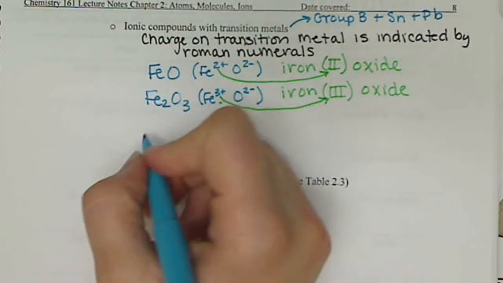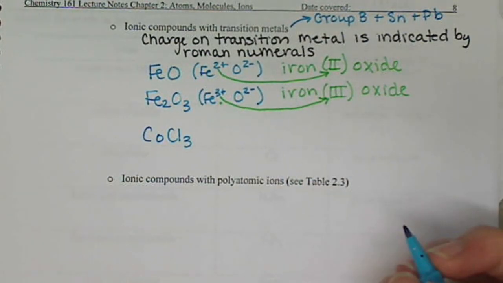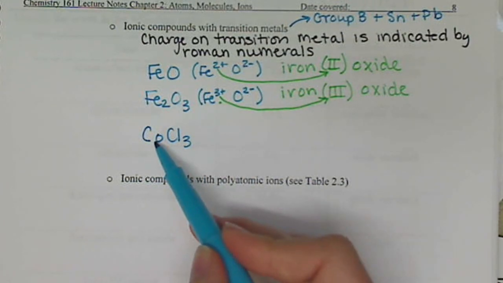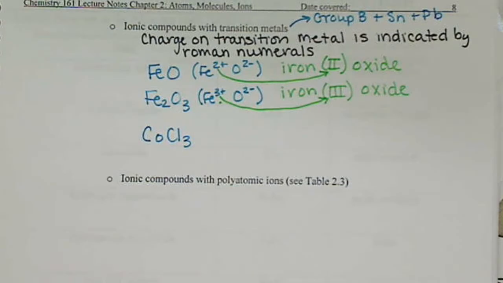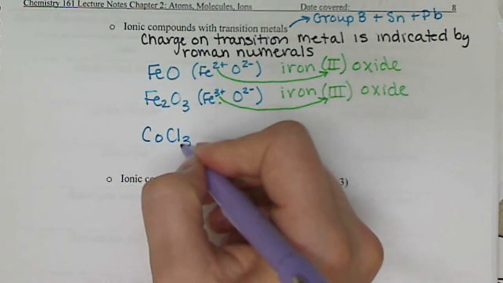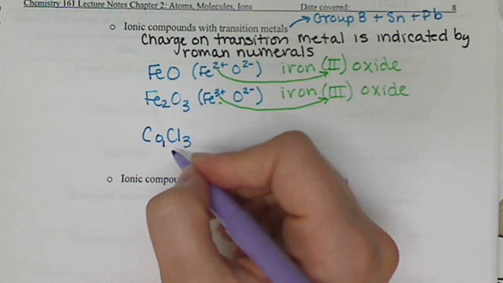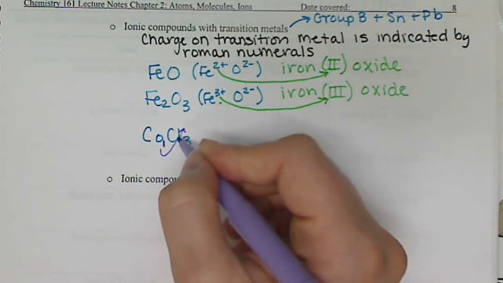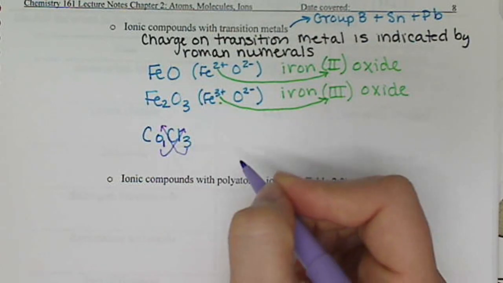Try this one out as an example. So we have CoCl3. To figure out our charge on cobalt here, Co is cobalt, we can do a reverse cross charge, where our number here, which is essentially a 1 when it's not included, goes as the charge for our chloride ion. The 3 goes to cobalt.